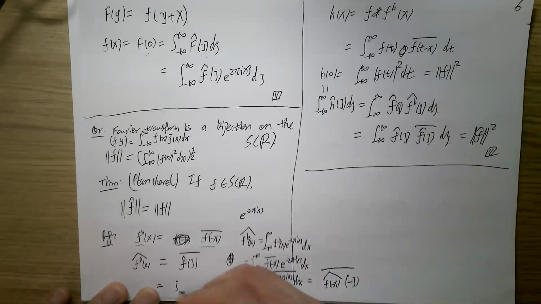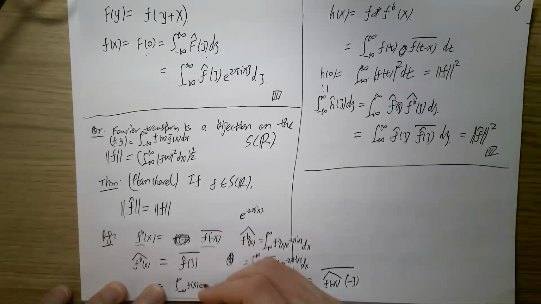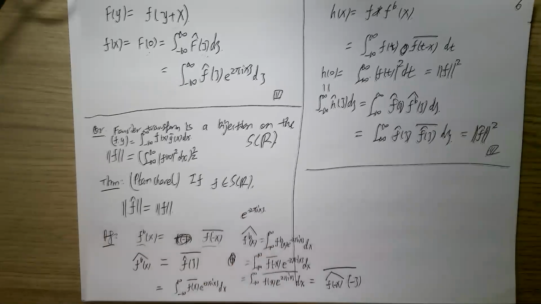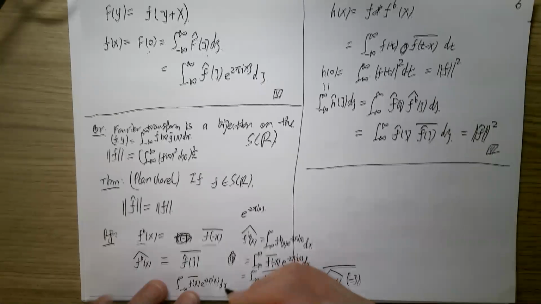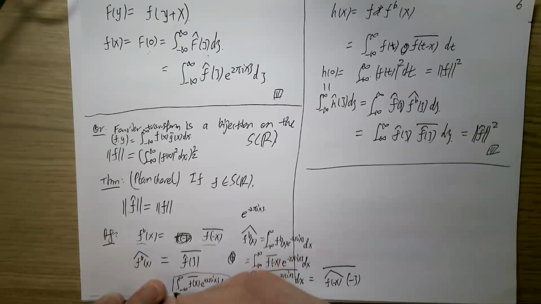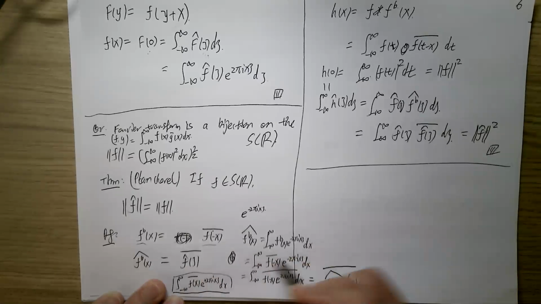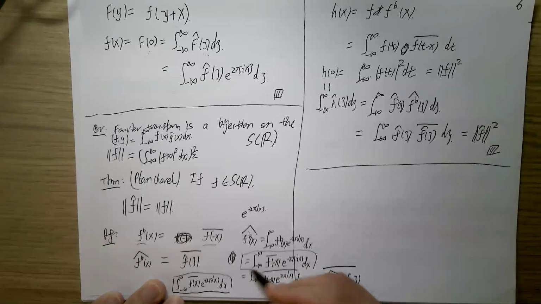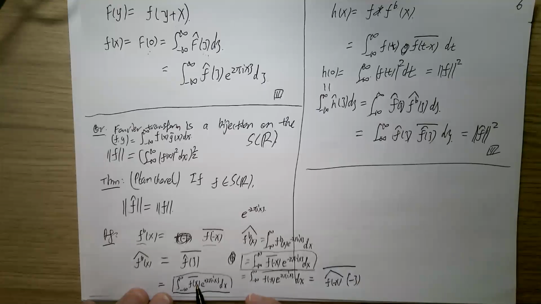It's the integral from minus infinity to infinity of f(x) e to the power minus 2 pi i x ξ dx. And if you take the bar, then that means you want this one, okay? And this is actually equal to this. By changing this minus x to x, then you have this minus sign here, and you have a minus sign outside.